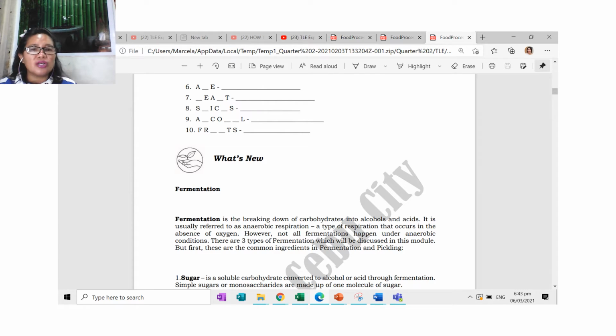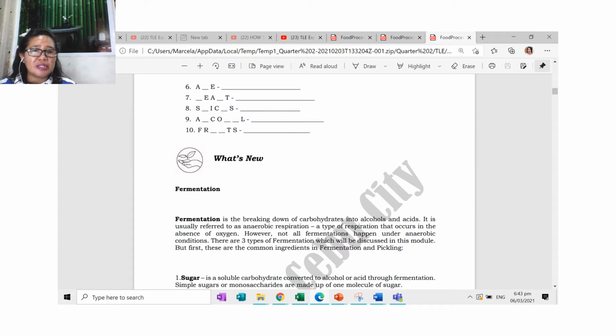However, not all fermentation happens under anaerobic conditions. How do we pronounce this one? Anaerobic conditions. There are 3 types of fermentation which will be discussed in this module.